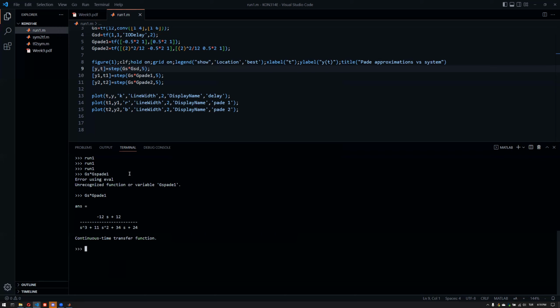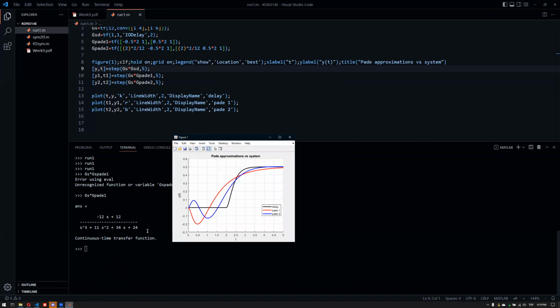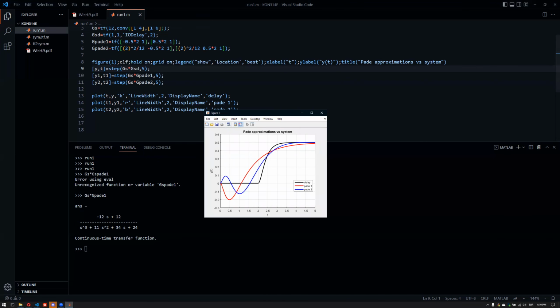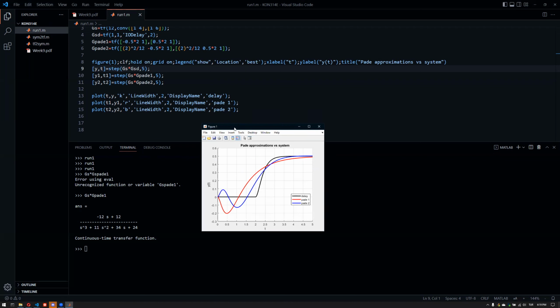At t equals 0, when you apply some input, it will respond. And it is really hard to approximate a system when you have this phenomenon. So when you have a system that does respond, and another system that has delay in it, and it takes some time to respond, then approximating that system is not that simple. And you can see that the approximation looks awful in terms of time domain data, in terms of transients.